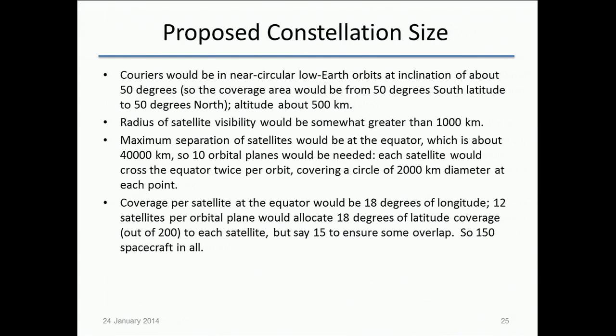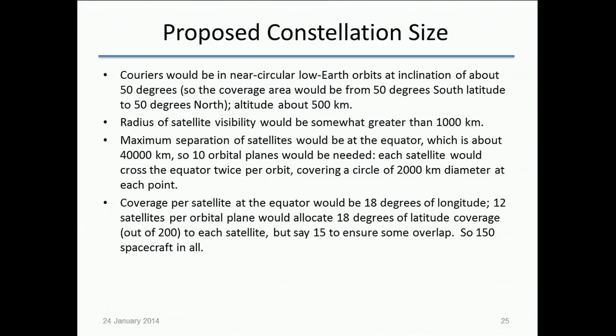So what would this look like then to make this workable? I worked with a couple of guys at the Johns Hopkins University Applied Physics Laboratory to come up with parameters for the constellation that would make it usable.